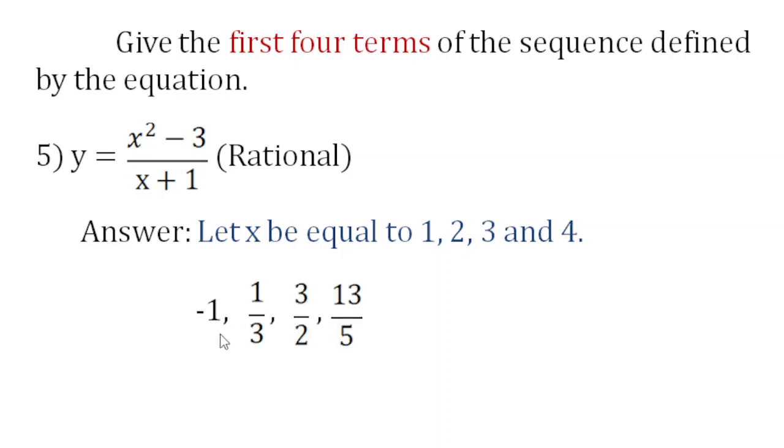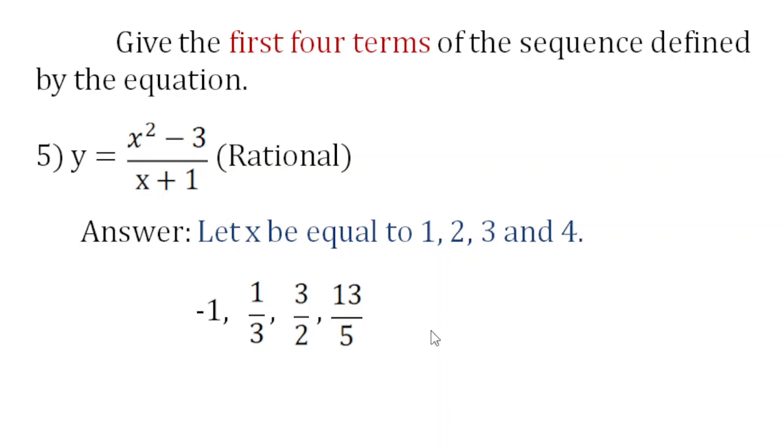So these are the first 4 terms. When x is 1, y is -1. When x is 2, y is 1/3. When x is 3, y is 3/2. And when x is 4, y is 13/5.